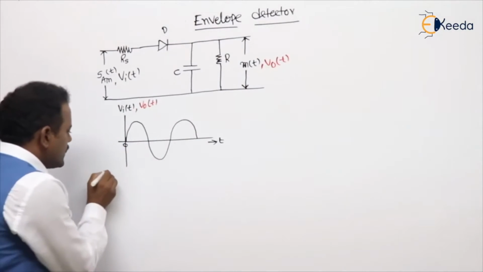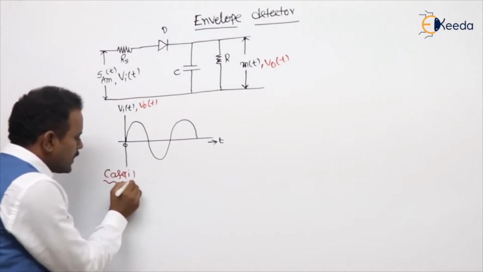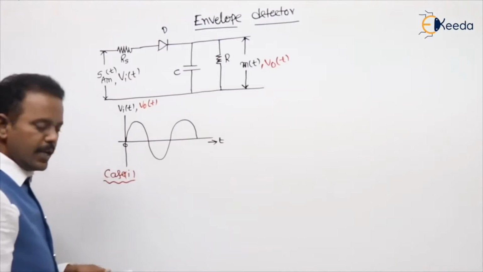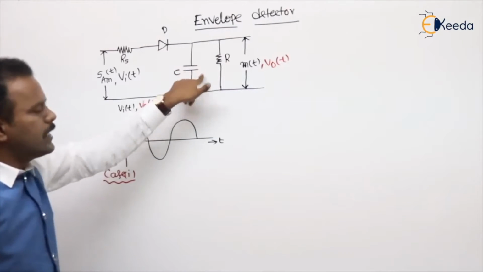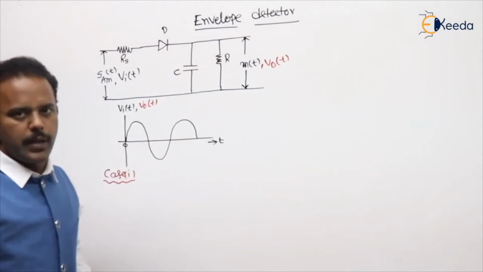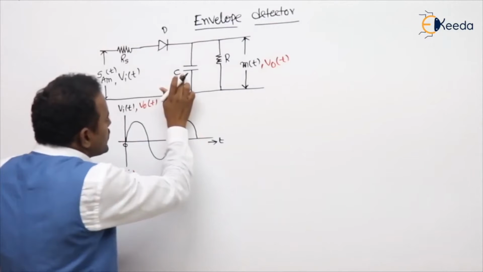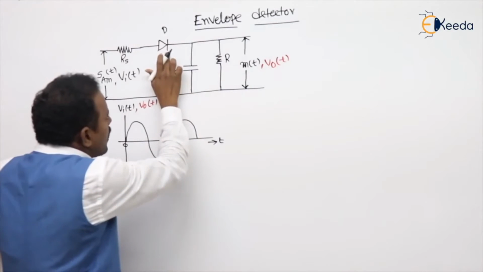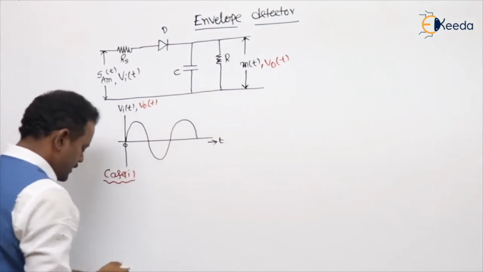The condition is that initially the capacitor is at rest. Capacitor at rest means the voltage across the capacitor is 0. Are you getting my point? Now, the capacitor is connected to the negative terminal of the diode. Here I am taking three points.